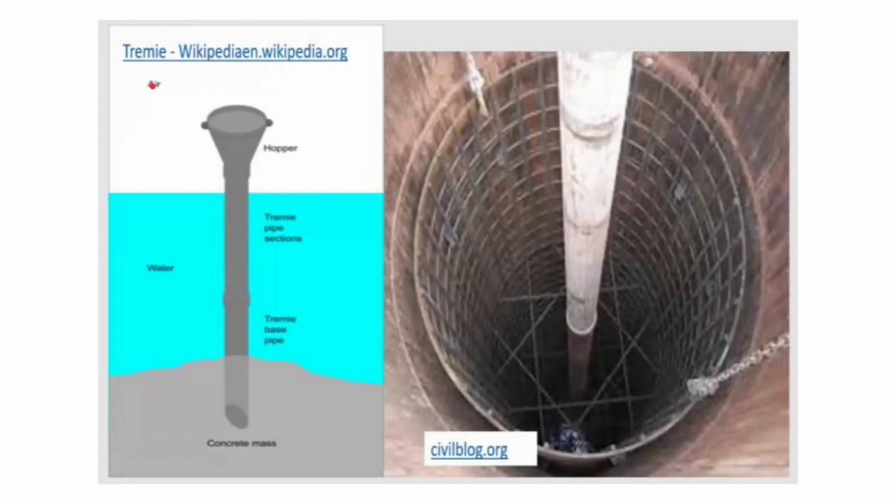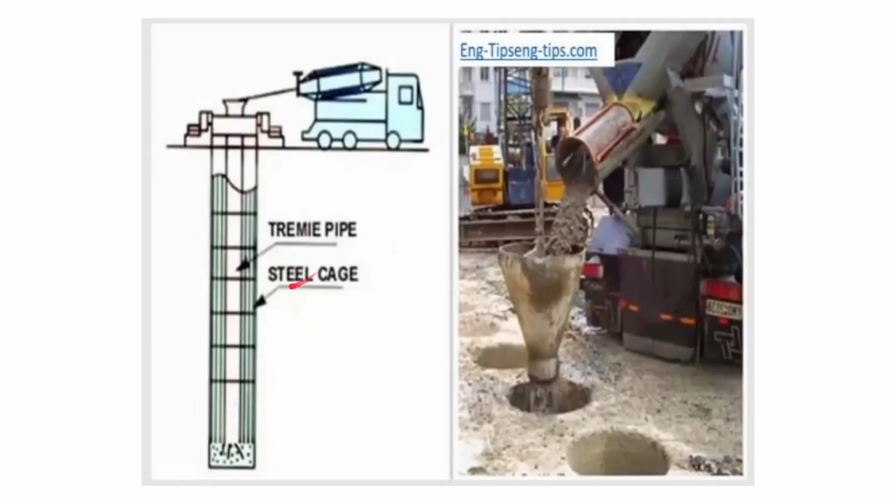The concrete has to be poured in the air, and it will pass into the water and deposit as a concrete mass on the seabed. This is the Tremie pipe, surrounded by a steel cage so that it is sturdy and there is no issue of leakage.